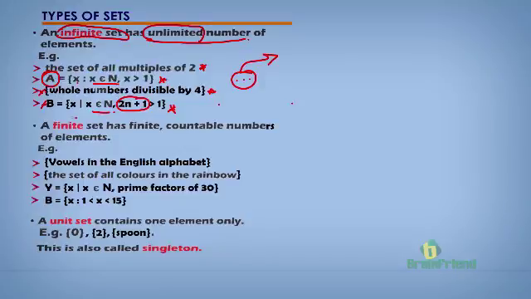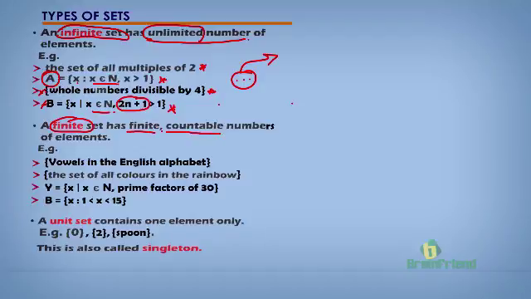Let's take a look at our next type of set here, which is the finite set. The finite set is the opposite of the infinite set. Finite, of course, refers to something that has an end. So the finite sets are sets that are countable.